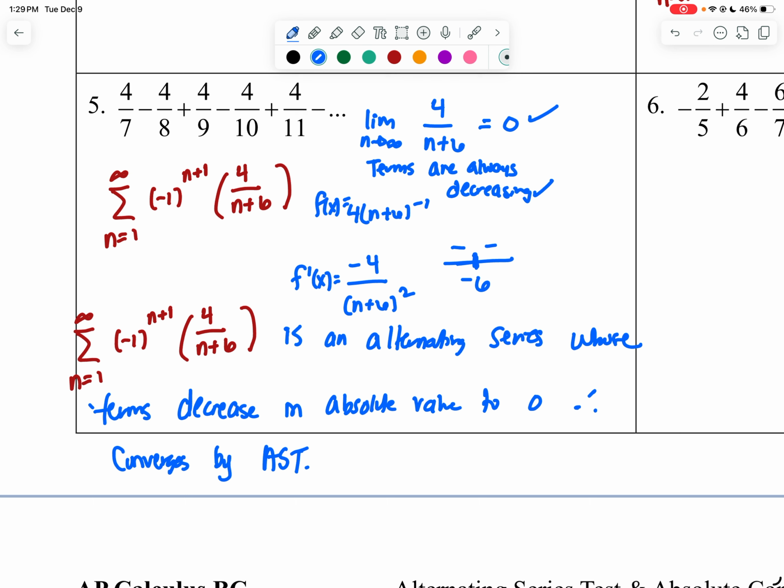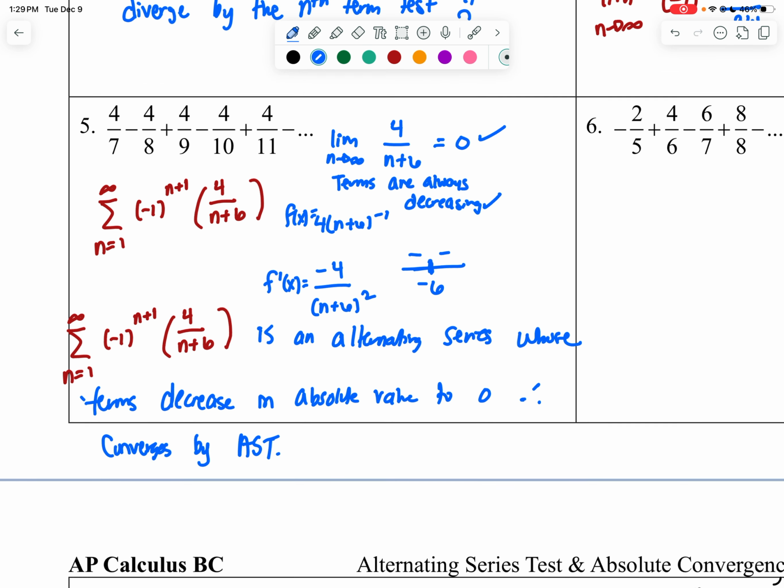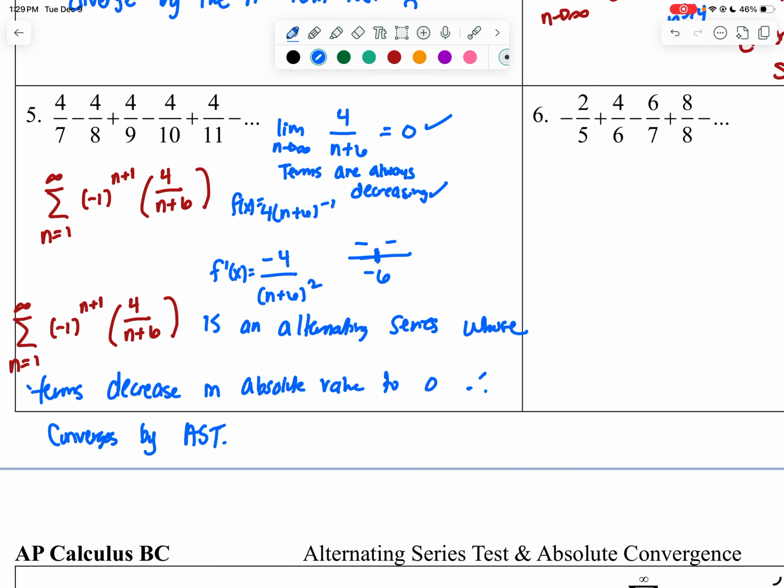Of course, write out the alternating series test, don't abbreviate AST, write out alternating series test.